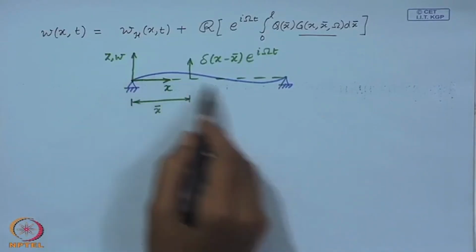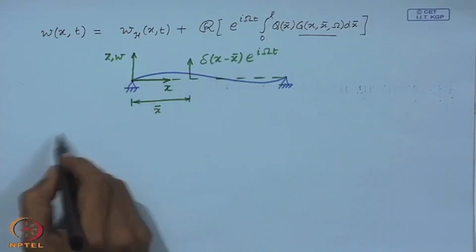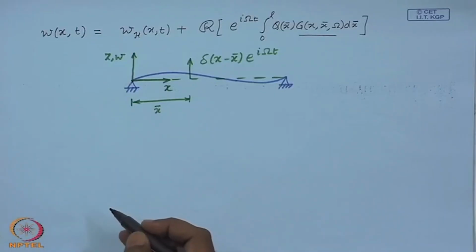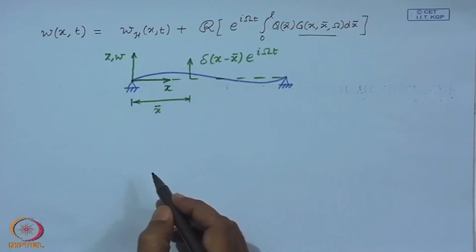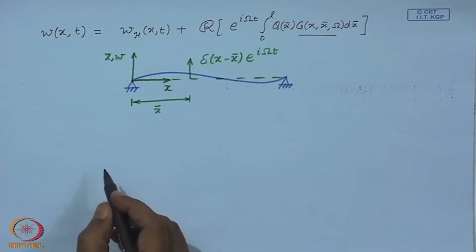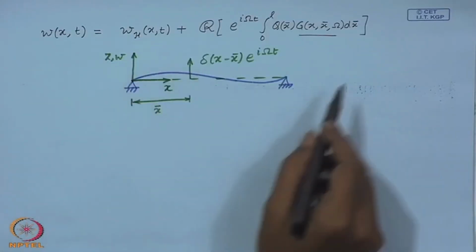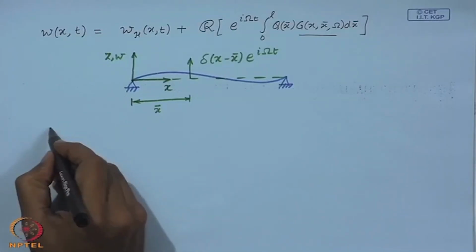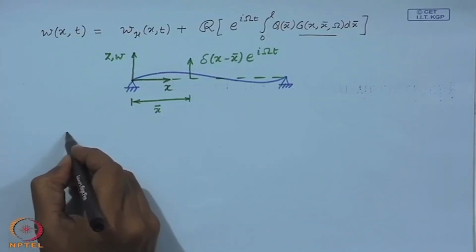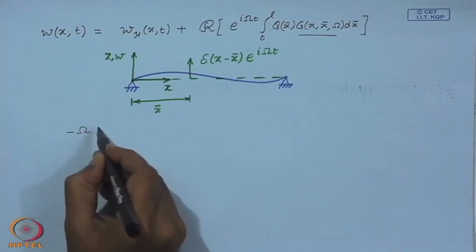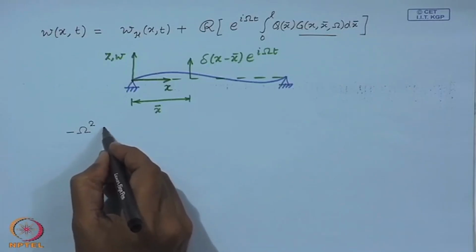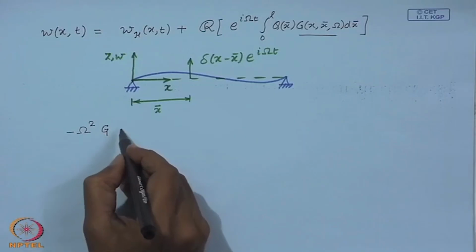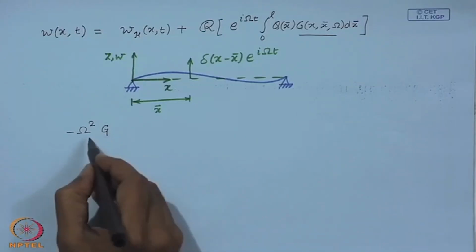Finding the Green's function is essentially solving this problem, and if you write down the equation of motion and substitute the solution form that we have been considering, we get the boundary value problem.